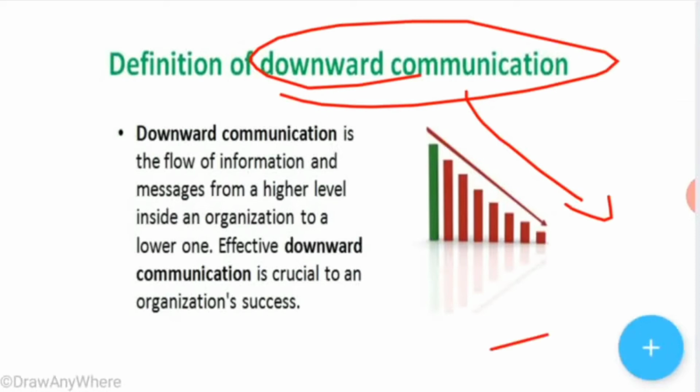Oral communication includes speeches or meetings. Written communication includes providing a handbook or notice to subordinates. So what is downward communication? It's a flow from higher level to lower level, that means communication passed from superior to subordinate.